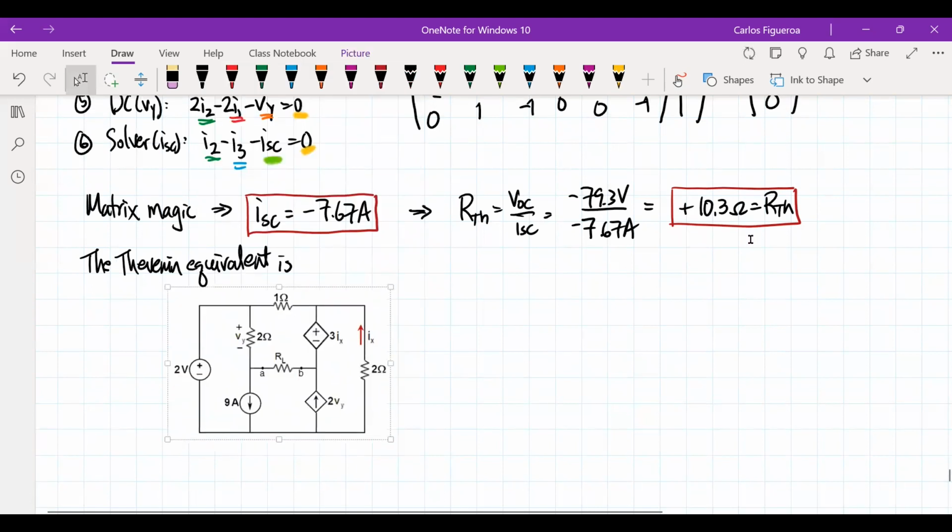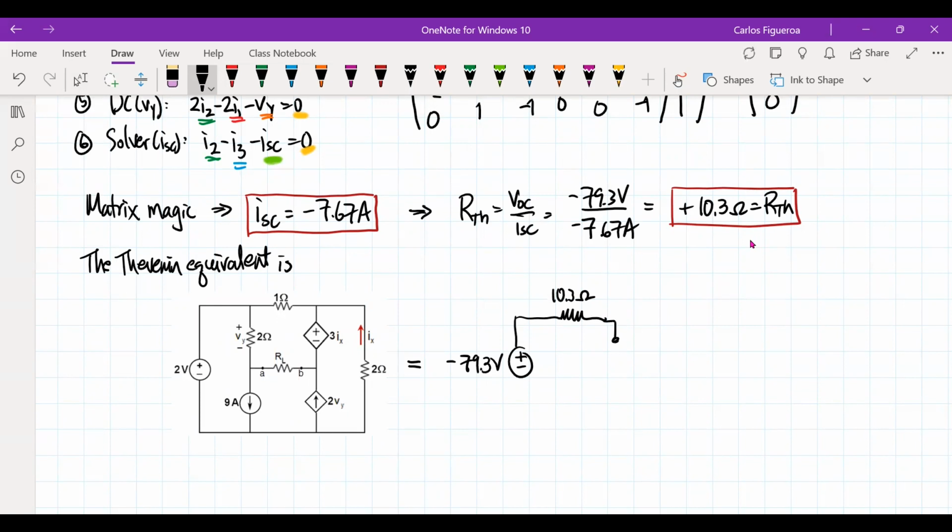And when I look at the circuit, this is equivalent to minus 79.3 volts for my Thevenin voltage. My resistance is 10.3 ohms. And now here's my load.